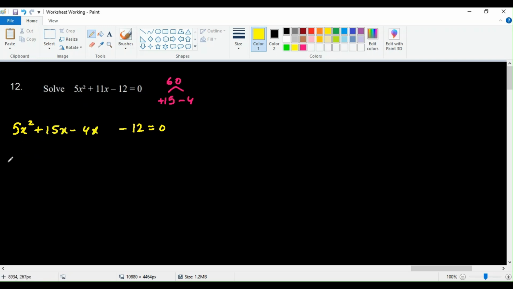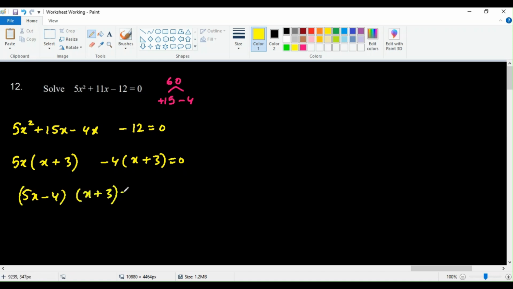So in the first one, I have 5x common, and x plus 3 is going to be in the first bracket, copying down the first bracket as it is without a change, and minus 4 is going to be over here, and 5x minus 4 comes in one bracket, and x plus 3 comes in another bracket. So easily we can see that 5x minus 4 equals 0, and x plus 3 also equals 0.